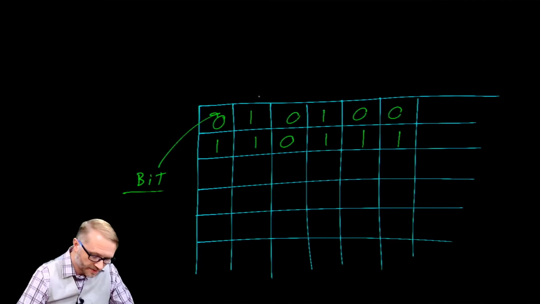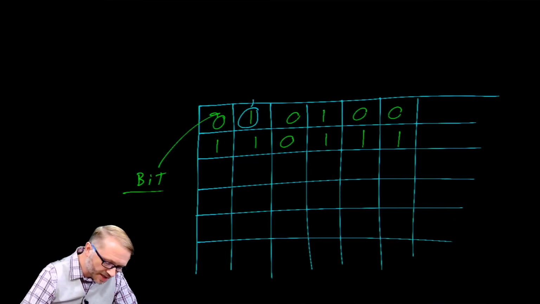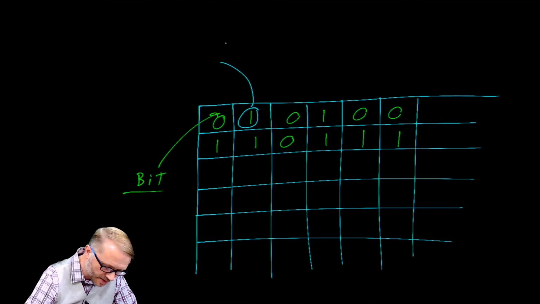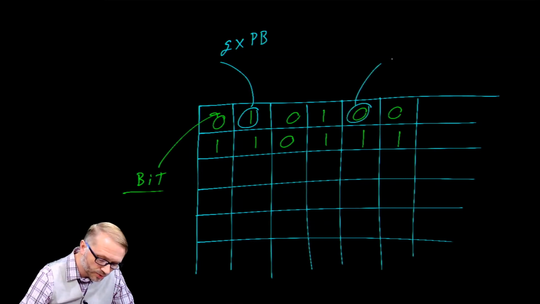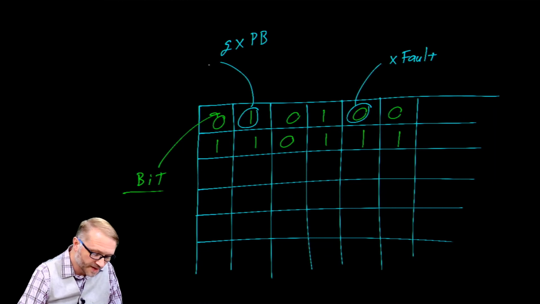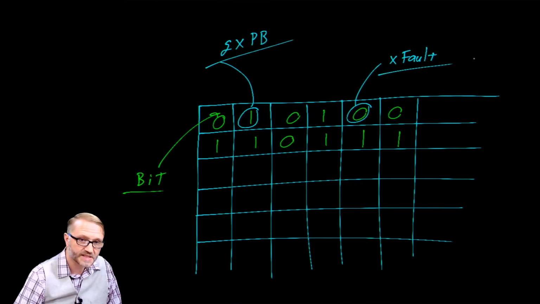We make use of these memory locations when we associate them with a particular name. For example, global Boolean push button, or Boolean fault. In these examples, we're accessing bit size memory locations.